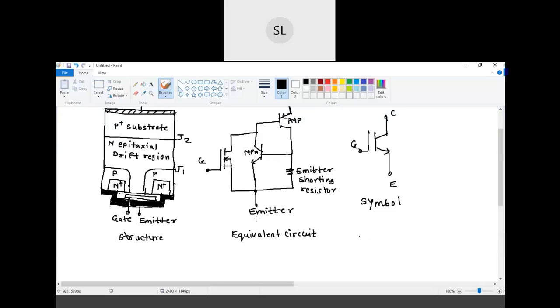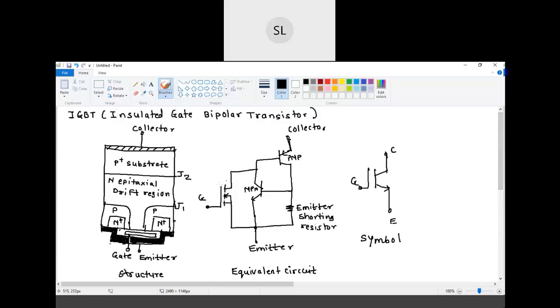So as I have told you, this IGBT, that is insulated gate bipolar transistor, is a combination of what? It is the combination of power MOSFET and bipolar technology, that is BJT. It has the input characteristics of the power MOSFET and the output characteristics of the power BJT.